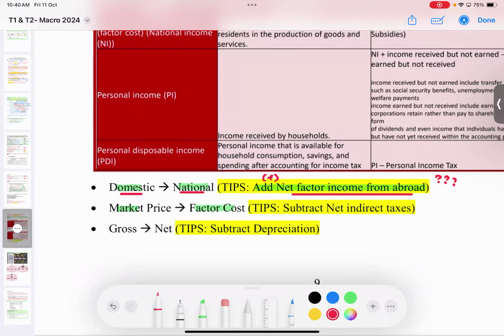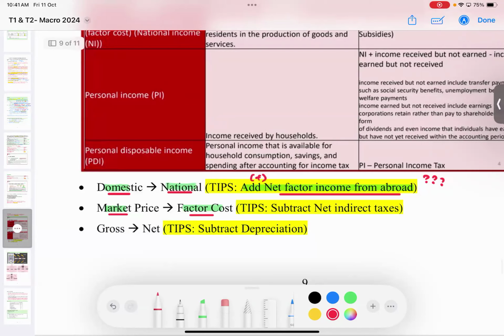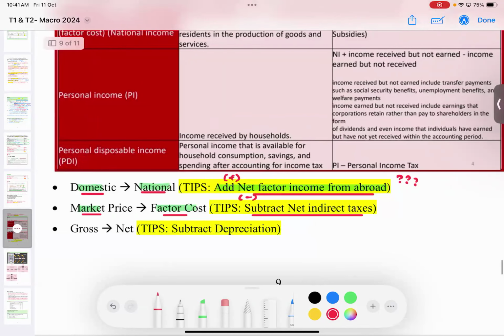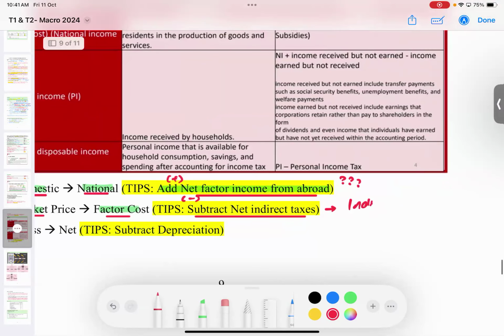If I want to go back to the factor cost, then I remove the taxes and subsidies. Therefore we need to subtract the net indirect tax. And how do we get net indirect tax? We use indirect tax minus subsidies.